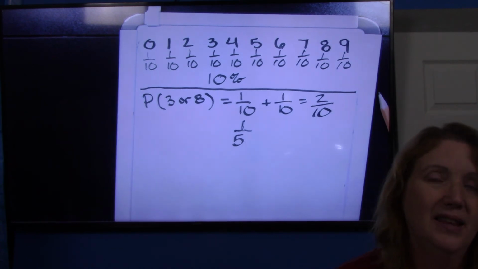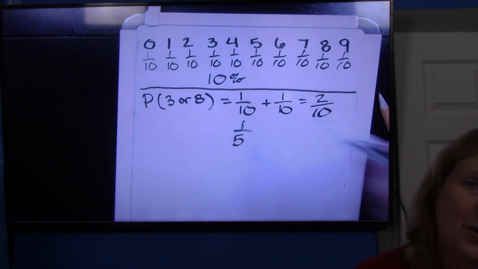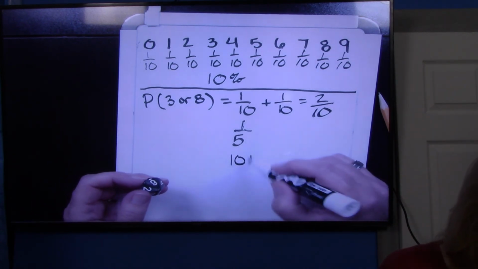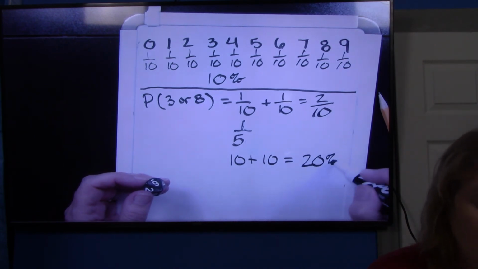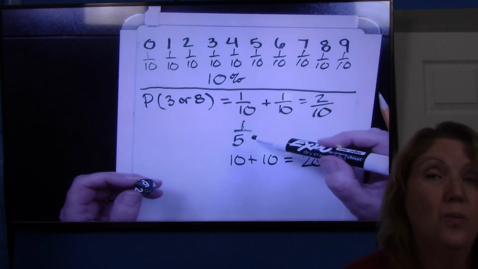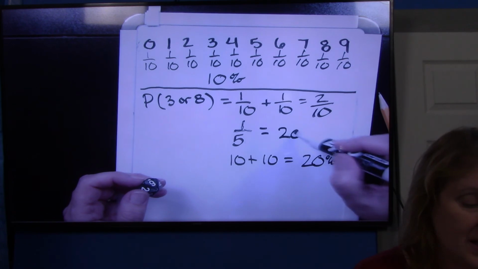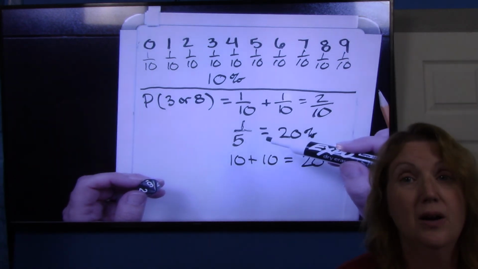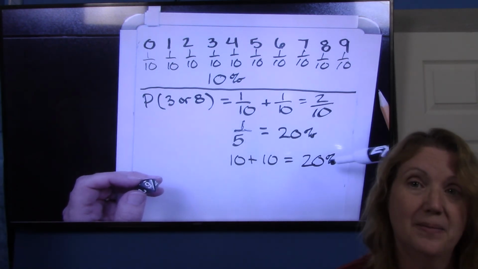Now, that was adding the probabilities. What if I said, what is the percentage? Well, if I have 10% plus 10%, I'm going to have 20%. And hopefully you looked at this and saw, well, 1/5, 1 divided by 5 is also 20%. And you can put that in your calculator if you like, or phone, or you can do it by long division and you will see you get 20%.